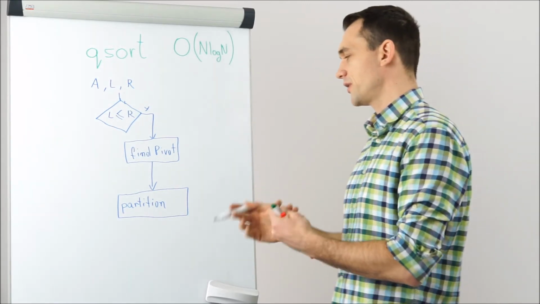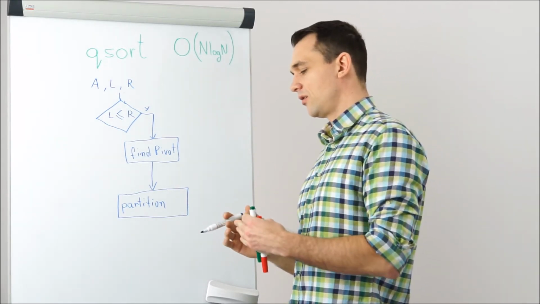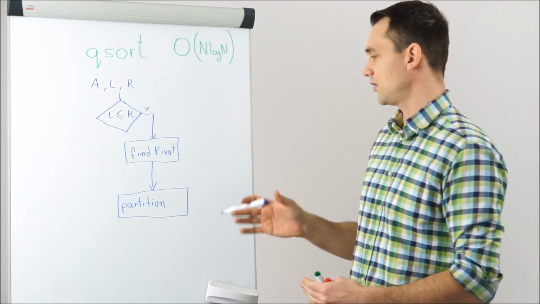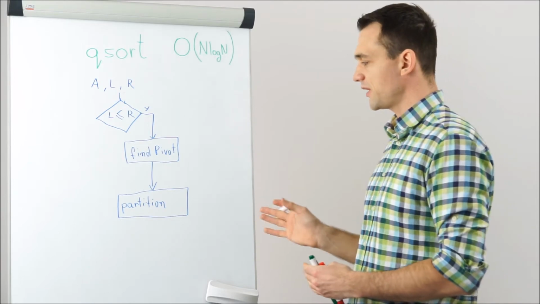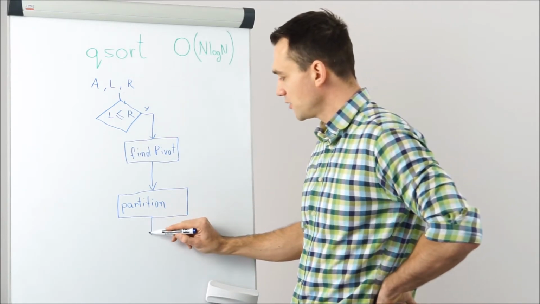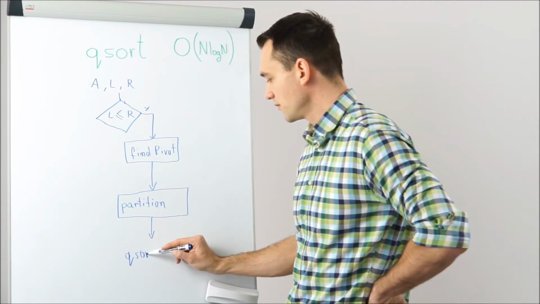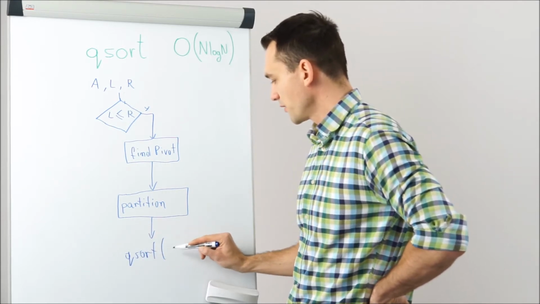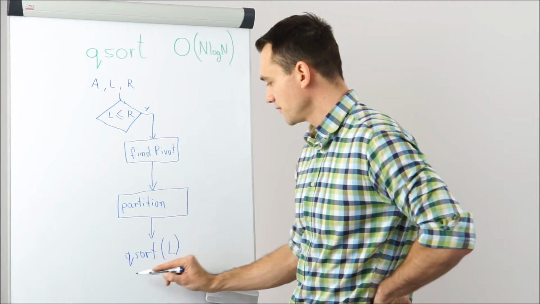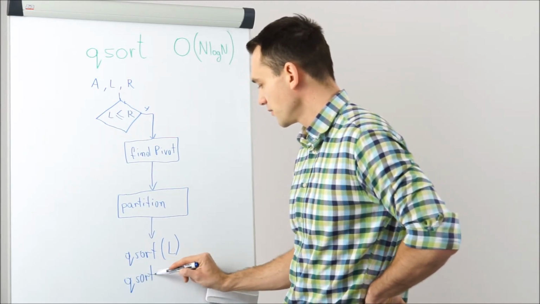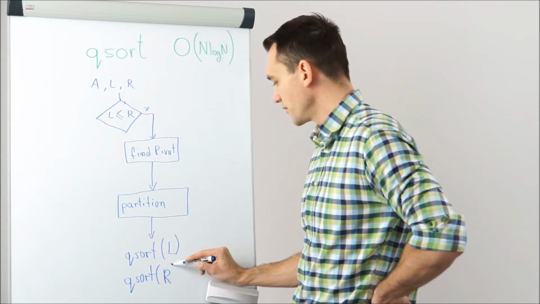After we reorder our array, so we have all elements less than pivot on the left side and all elements higher than pivot on the right side, we call QuickSort again two times: QuickSort for the left side and also QuickSort for the right side.